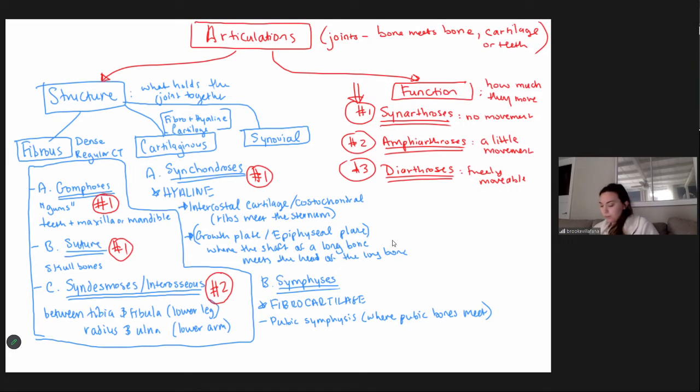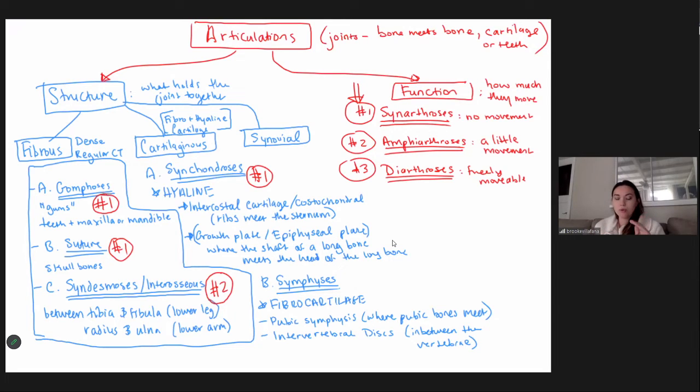And then the other place is the intervertebral discs. So these are in between the vertebrae. So as you walk, these kind of cushion your step. You know, when they say someone has a slipped disc or a herniated disc, those are the discs in between the vertebrae.